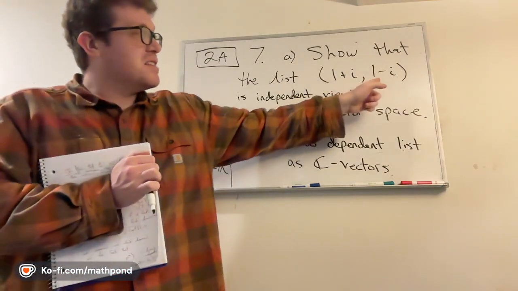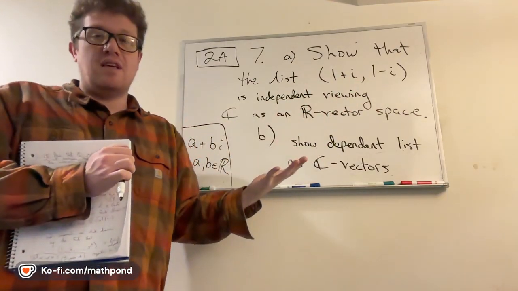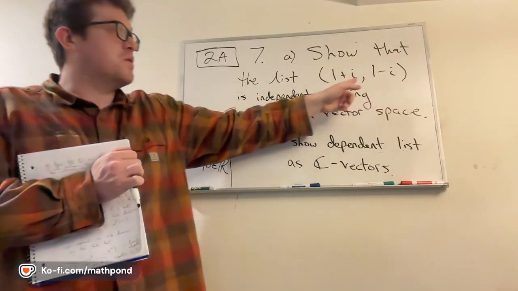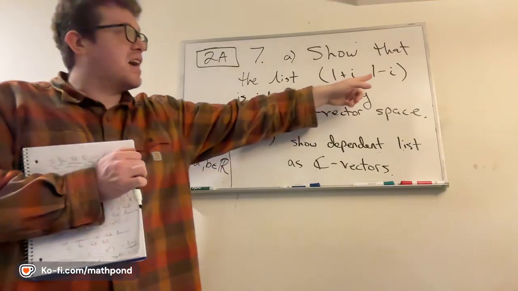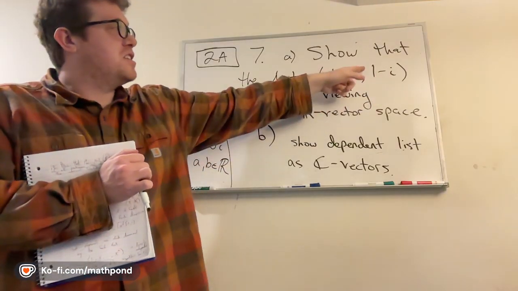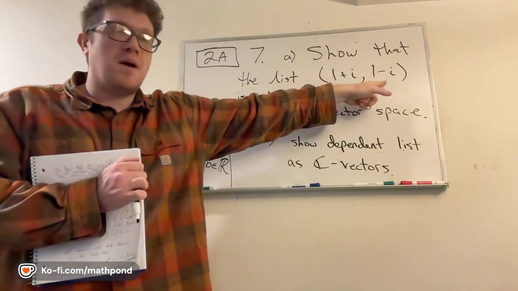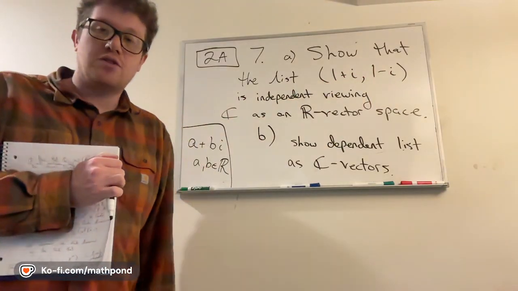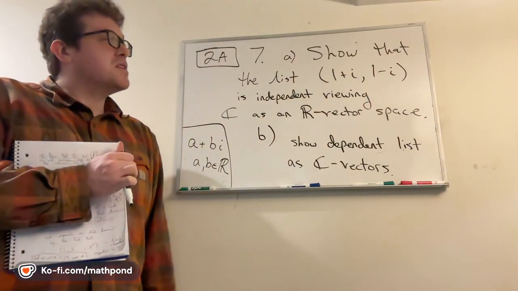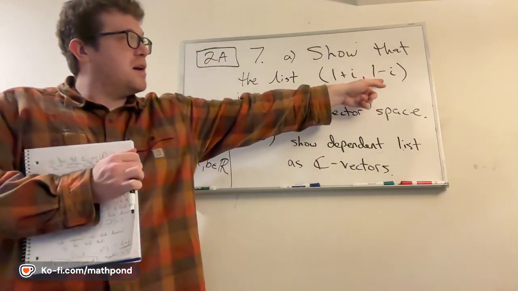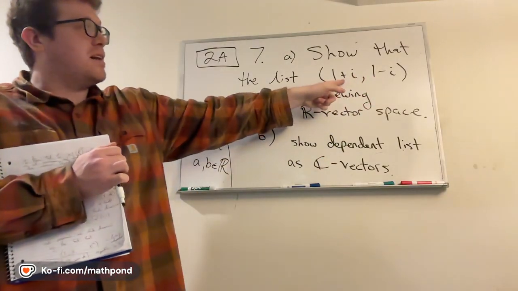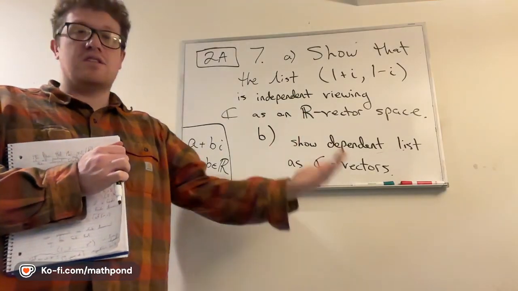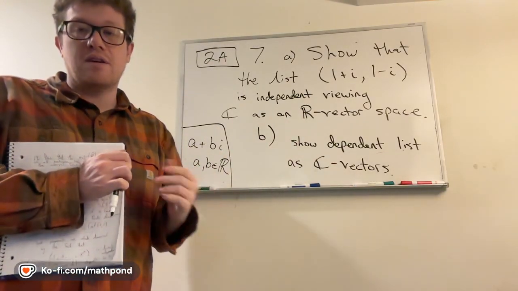So any list of two numbers automatically has to be linearly dependent, because the second number is always going to be a multiple of the first. I can just divide out the first number to make it 1 and then multiply by that number; that fraction is the ratio of the two. In this case, you would see that this number is negative i times the first number, and therefore it's a dependent list, because the second vector is in the span of the first vector.